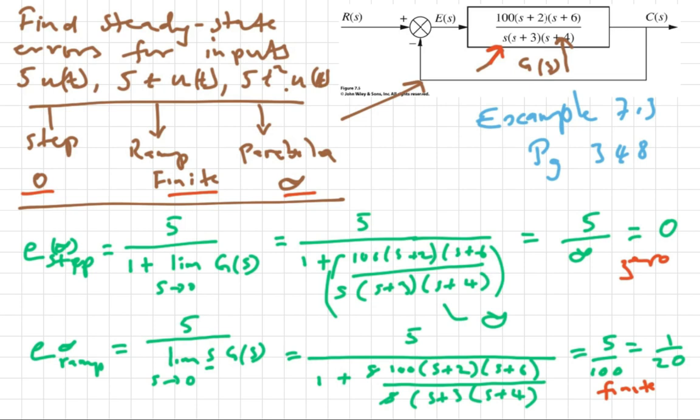If we now have another example with s here being s square, it means that the step will be 0, the ramp will be 0, and the parabola will be finite. So that is one way to be able to predict the steady state error before you even start to calculate it.